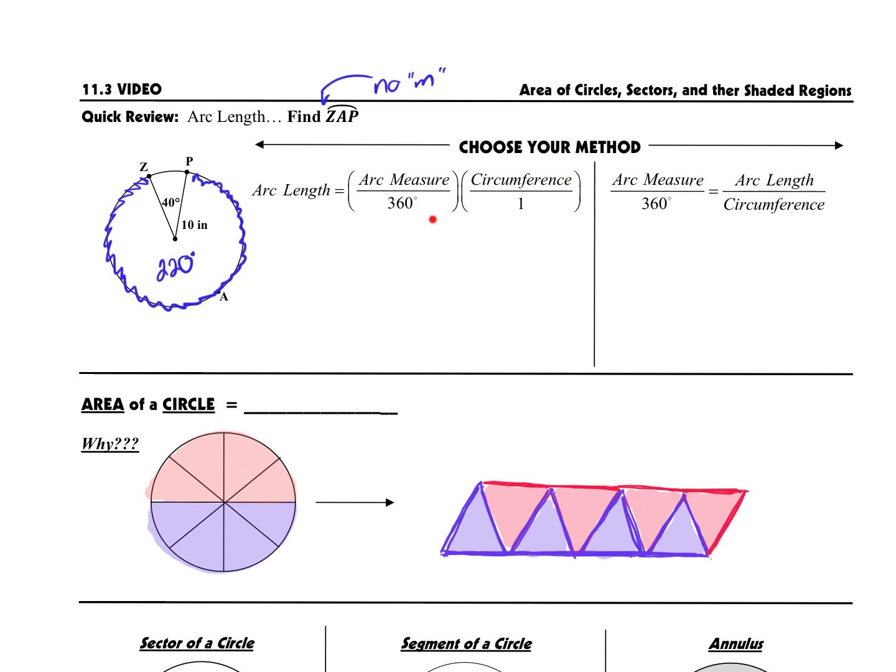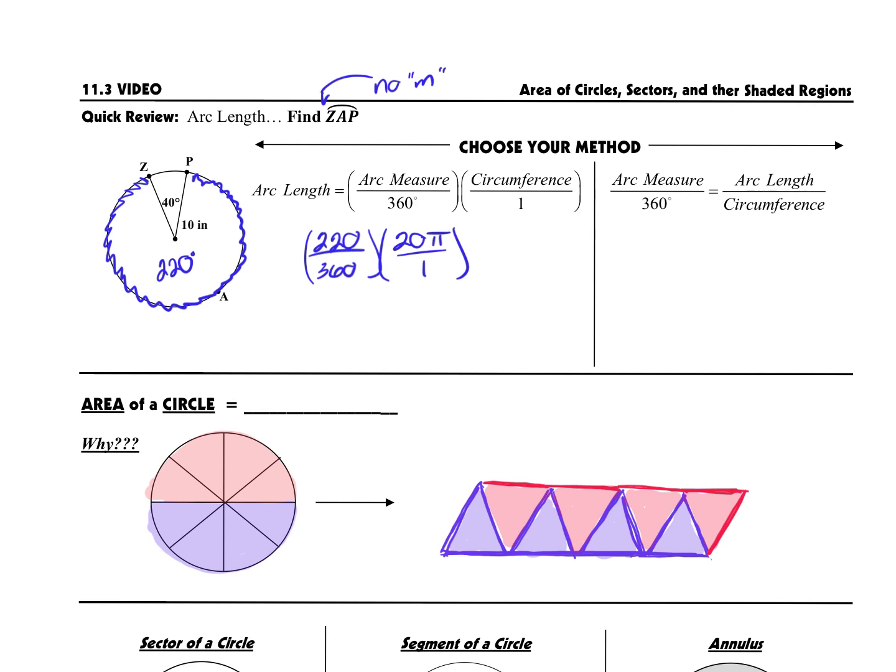The first option to find the arc length is based on this definition. So we're going to use our arc measure over 360, so that's going to be our 220 over 360. And we're going to multiply that by the circumference of the circle. We can see that our radius is 10, so our circumference is going to be 20 pi.